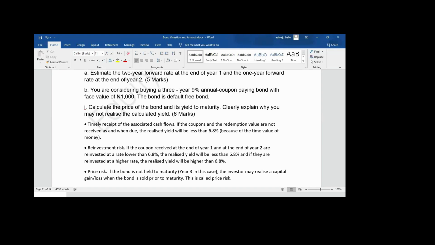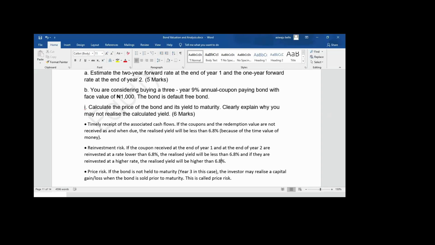Then the last point, price risk. If the bond is not held to maturity, that is year 3 in this case, the investor may realize a capital gain or loss when the bond is sold prior to maturity.